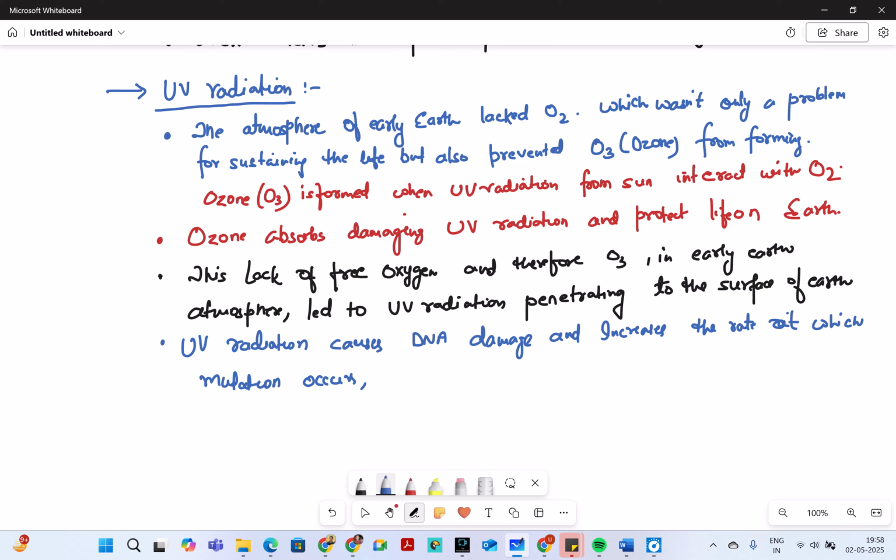Fine. Of course, DNA damage is due to random mutation, right? Mutation is a change in the base sequence of DNA, and it's an unpredictable change. You can't predict which base has changed in which form, right? So this can be harmful, actually harmful to living organisms.